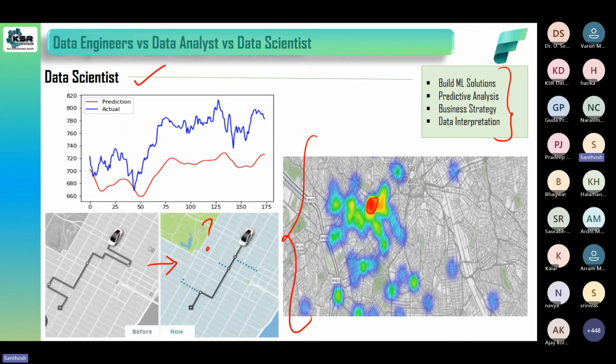If you don't have data engineers in your team, if you don't have a data analysis system, then there is no point in hiring data scientists, because data scientists are the top layer. For the top layer to work effectively, you need to have the foundation and the ground.